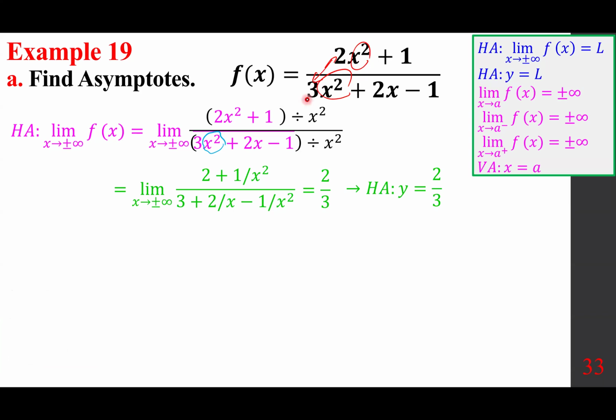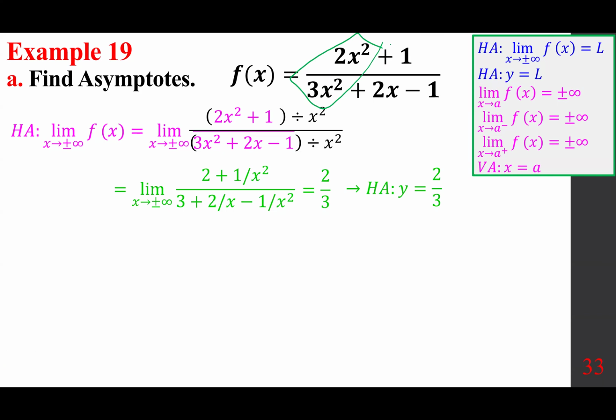The reason behind it is exactly what we have shown here, because when you look at the horizontal asymptote, you're interested to know what happens as x goes to infinity or negative infinity. The values for 1 or 2 times x or minus 1 compared to these two become nothing, and therefore the leading terms from the top and the bottom take over. So in essence it becomes 2x squared over 3x squared. In other words, ultimately when x approaches negative or positive infinity, that's what happens.